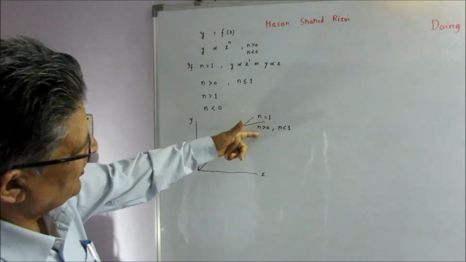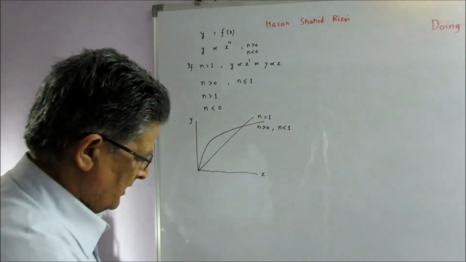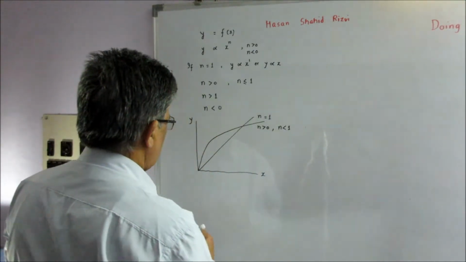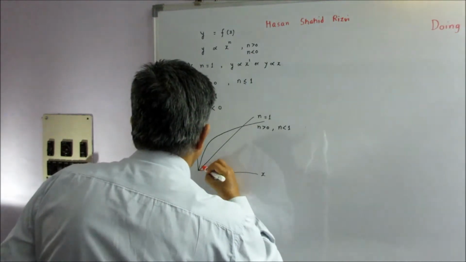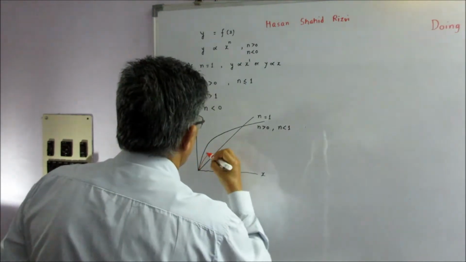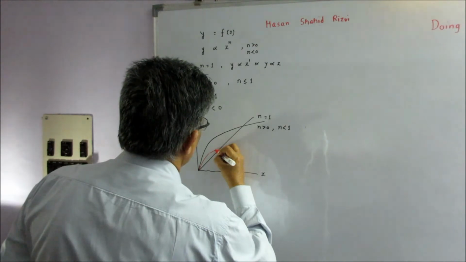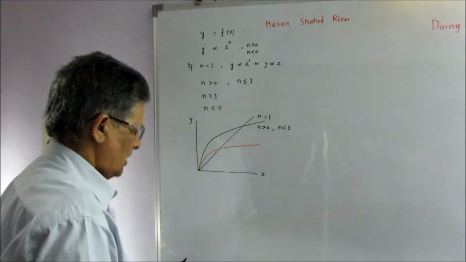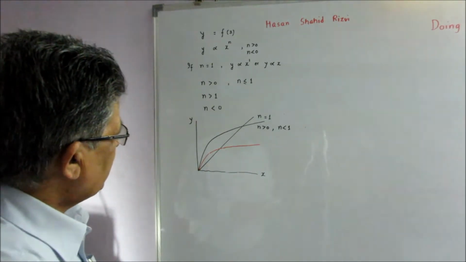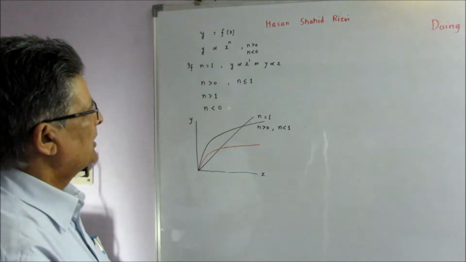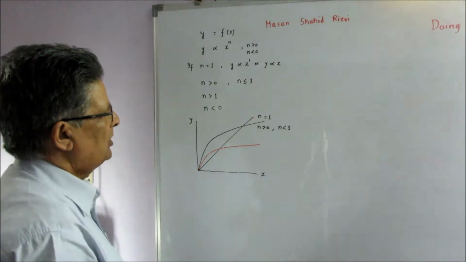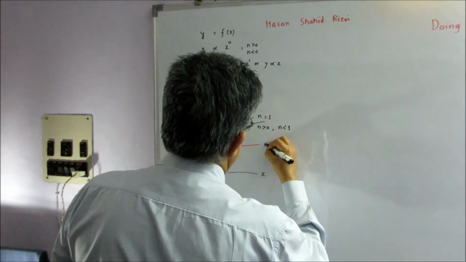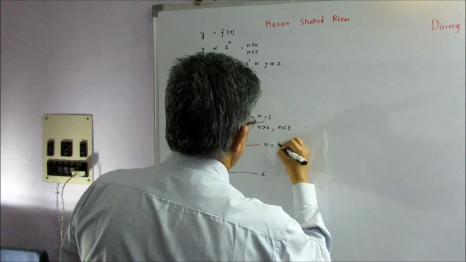As we go from 0 towards 1, the function changes, only qualitatively, something like this. In the second instance, the same, n is greater than 0 and less than 1. For example, n is equal to half.